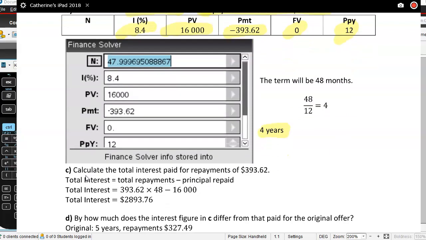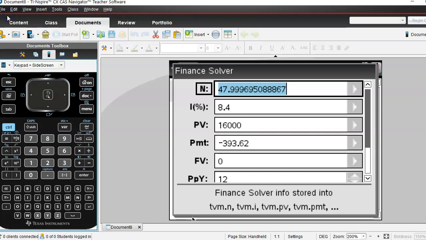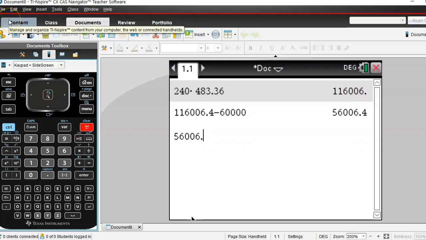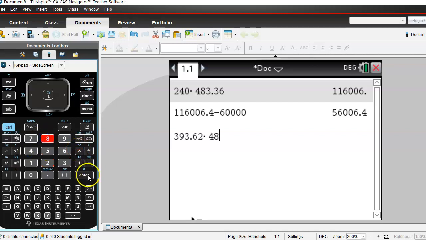Calculate the total interest paid for repayments of $393.62. Again, our interest is the difference between what we've paid, our total repayments, and the amount we've borrowed, that principal repaid. I've done the calculations there, I can do them again. $393.62 times by 48.